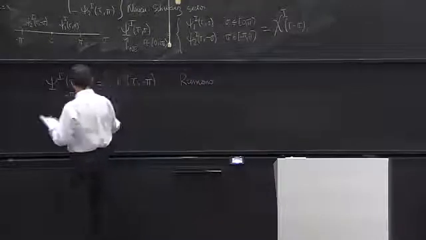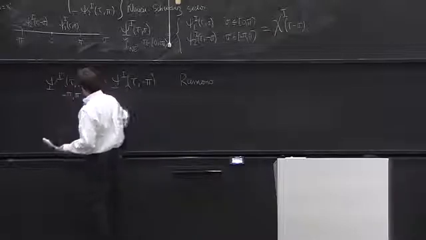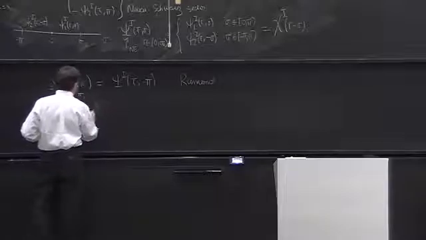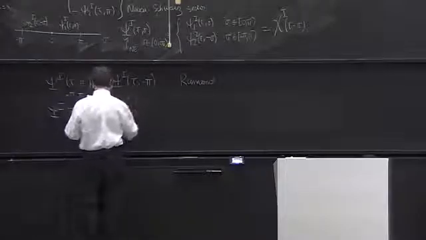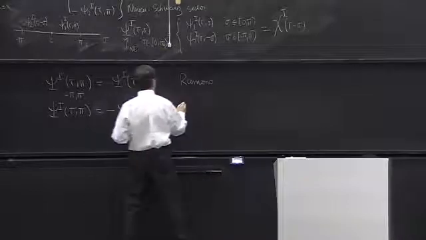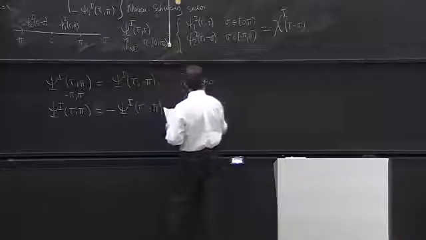And psi I of tau pi equal to minus psi I of tau minus pi is the Neveu-Schwarz sector.